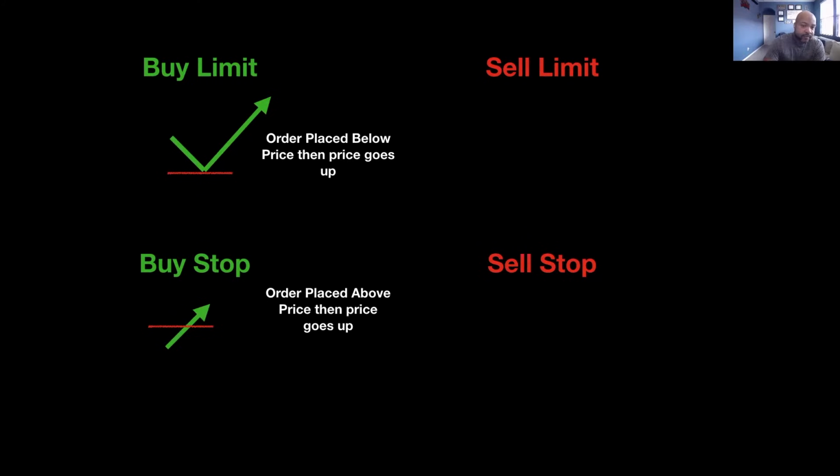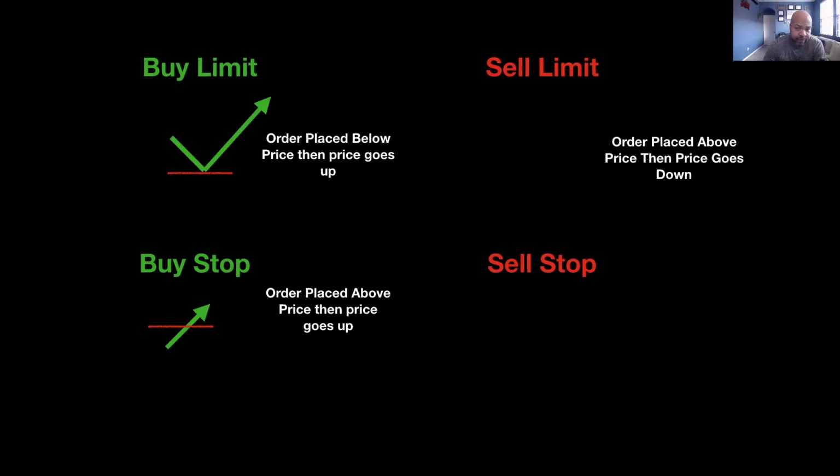And everything is exactly the same for a sell limit, except the opposite of a buy limit. So for a sell limit, your order is placed above where current price is, then price goes down. And see, I made these arrows for buy limit green just to represent buy going up, so that it's easier for you to understand.